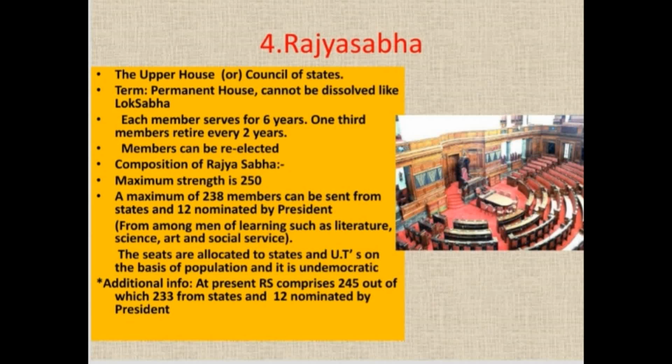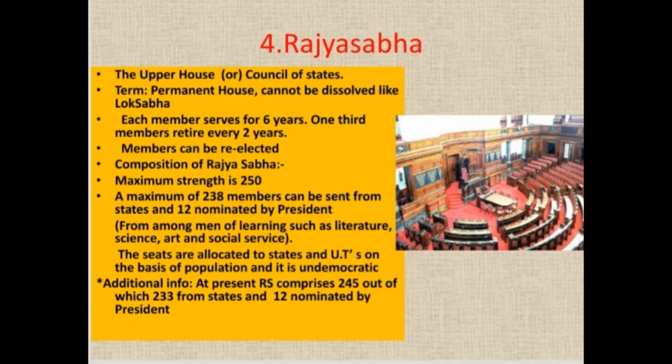Among 250, 238 members are allowed from states, and these 238 members are elected to Rajya Sabha in indirect election. The process of sending members from states to Rajya Sabha by election is undemocratic, and it is based on population, because the states which have the highest population can send the highest number of Rajya Sabha members.